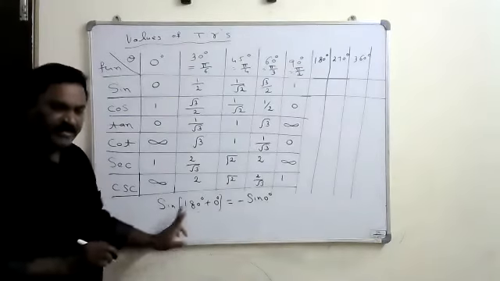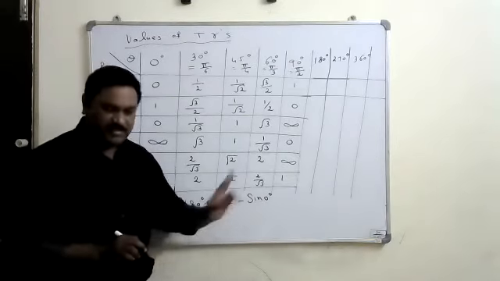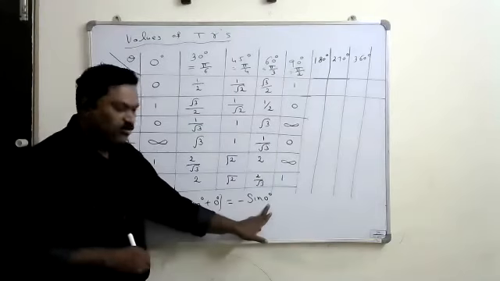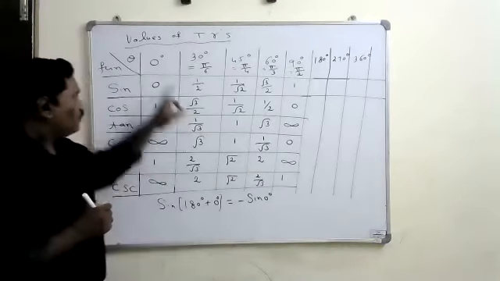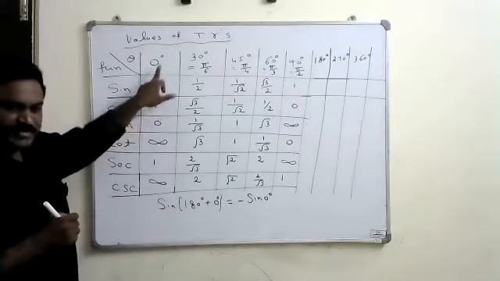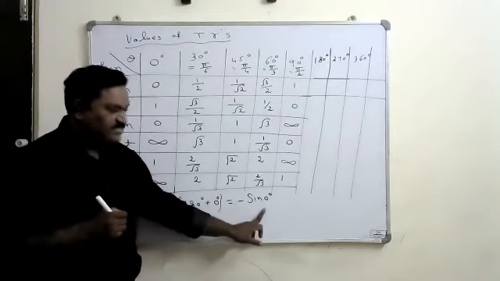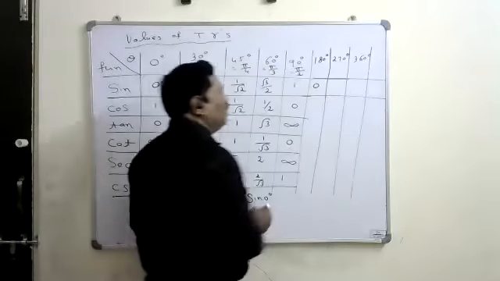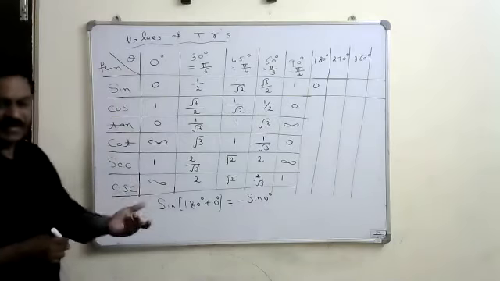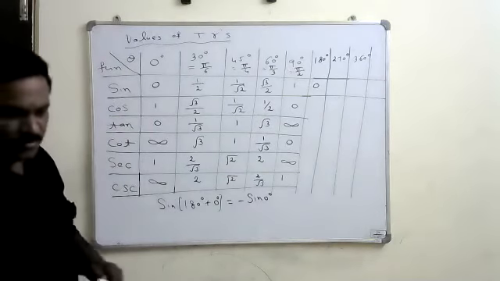The quadrant angle is 180, so sine remains sine, it becomes sine 0. Sine 0 is 0, so this is minus 0, and minus 0 is also 0. Therefore, the value of sine 180 degree is 0.